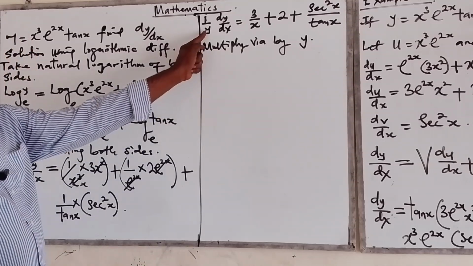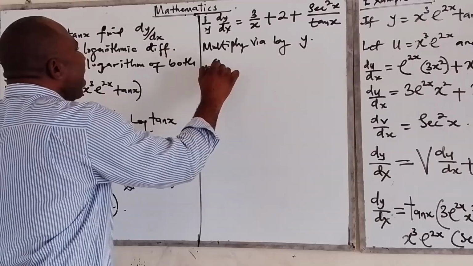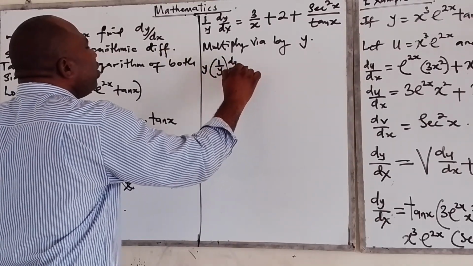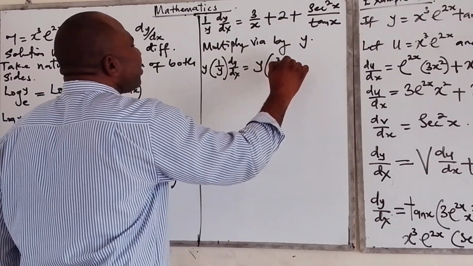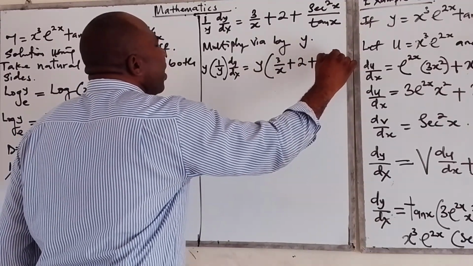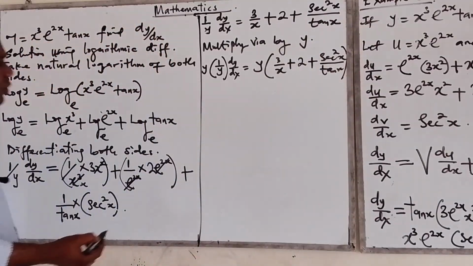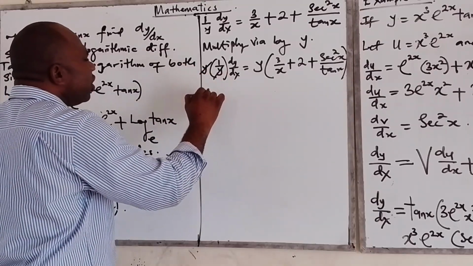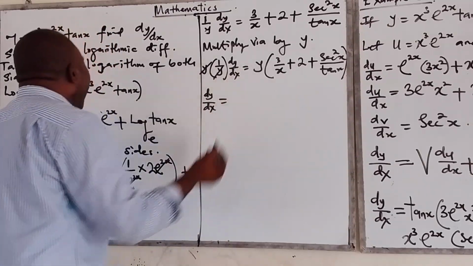Yes, by this y. So here we have y in brackets, 1 over y, dy/dx, will be equal to y in brackets, 3 over x plus 2 plus sec squared x over tan x. Now this y will cancel this y. I will be left with dy/dx equal to y.